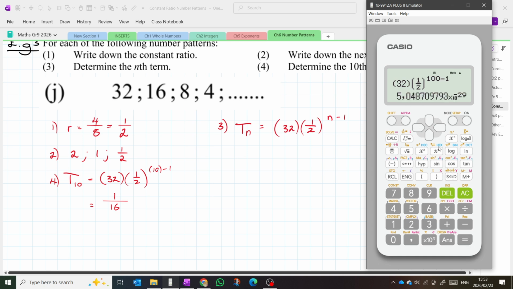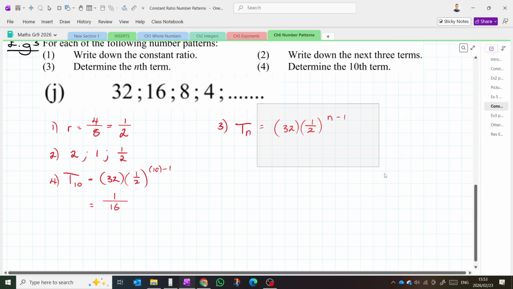It's going to give you a very big, or actually a very small decimal. It is 0.28 zeros, then 5048, and so forth. Okay, let's go a bit closer. Let's go to the 20th term. As you can see, the fraction just gets smaller and smaller, but it's never going to turn negative.